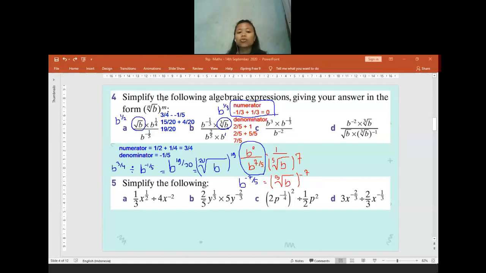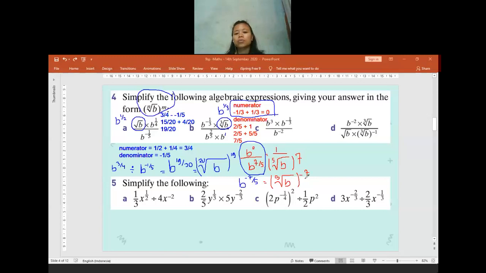The question asks you to write it in root form. So even though you already get b to the power of negative 7 per 5, don't forget to change it into root form. That's why I will get fifth root of b to the power of negative 7. Is there anyone who has any confusion? No? Okay.